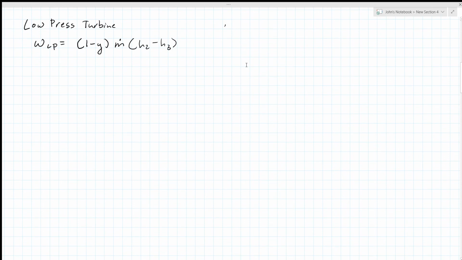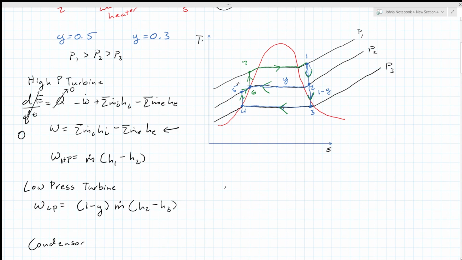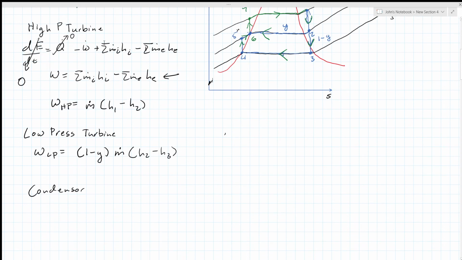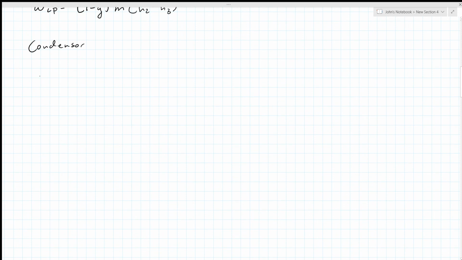Now let's analyze the condenser. There are no moving parts, so work will be 0. I will have heat flow because I'm removing heat from my fluid and rejecting it to my surroundings. I have mass moving through the control volume, and each mass has an enthalpy. So 0 is equal to Q dot plus the sum of the mass flow rate in times enthalpy in, minus the sum of the mass flow rate at the exit times enthalpy exit.